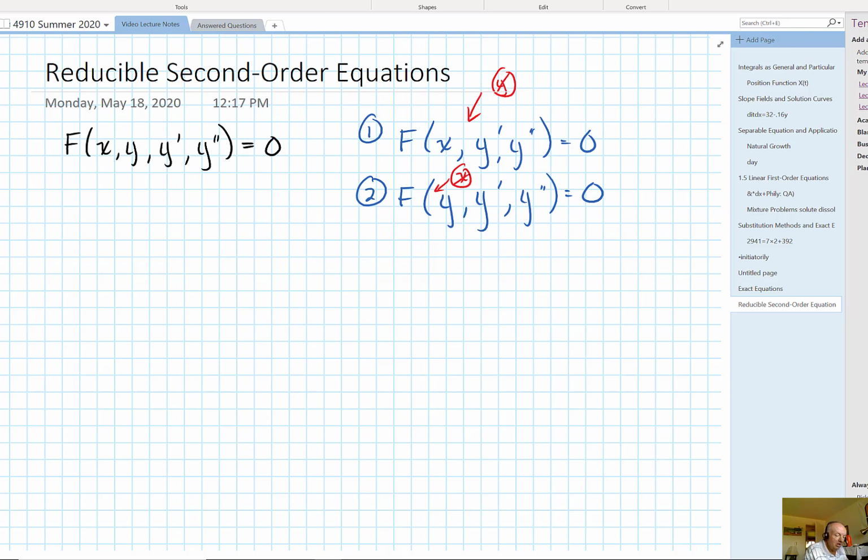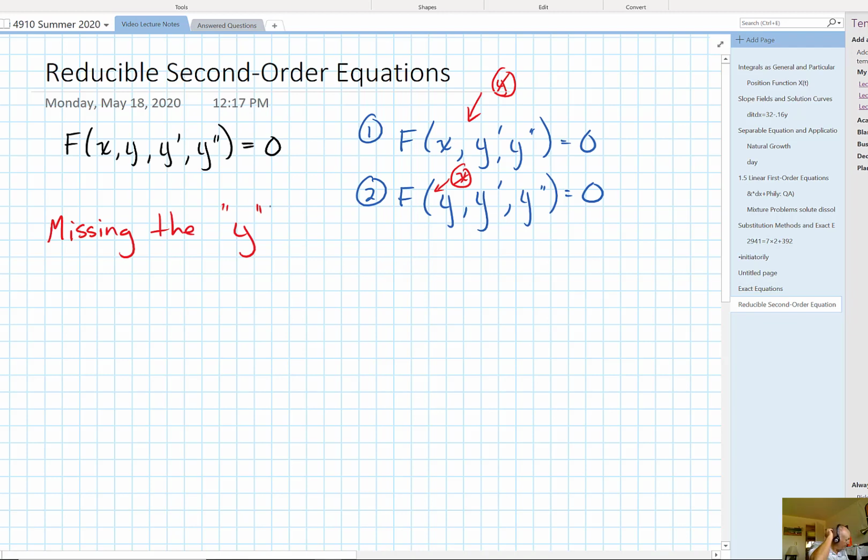We've got a few tools that will work. So let's deal with those second order differential equations that are missing the y term.